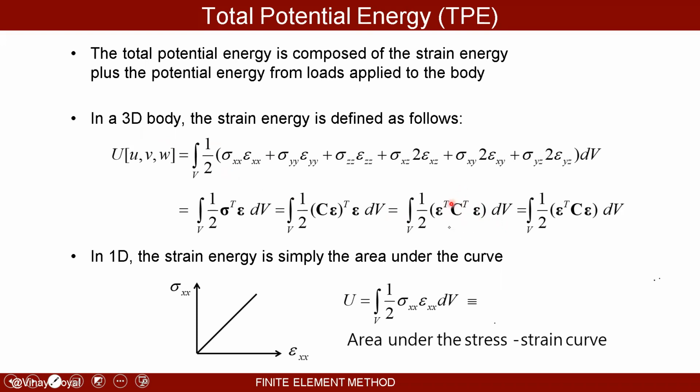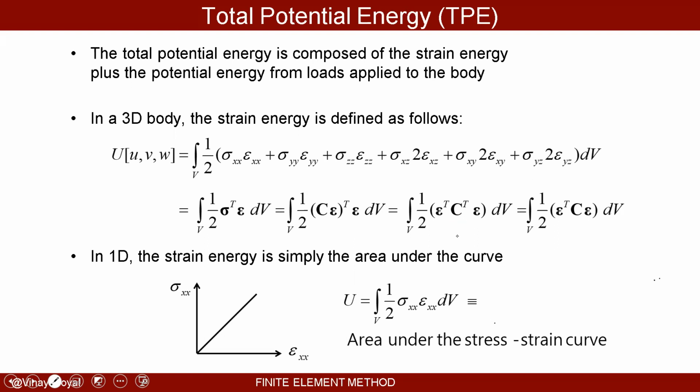Now, the stiffness matrix, which relates stress to strain, stress equals C bold times epsilon bold, can be calculated. You can calculate C bold from experimental evidence. The other thing you'll find here is that in the examples I showed you, C bold transpose is the same as C bold because the stiffness is symmetric.